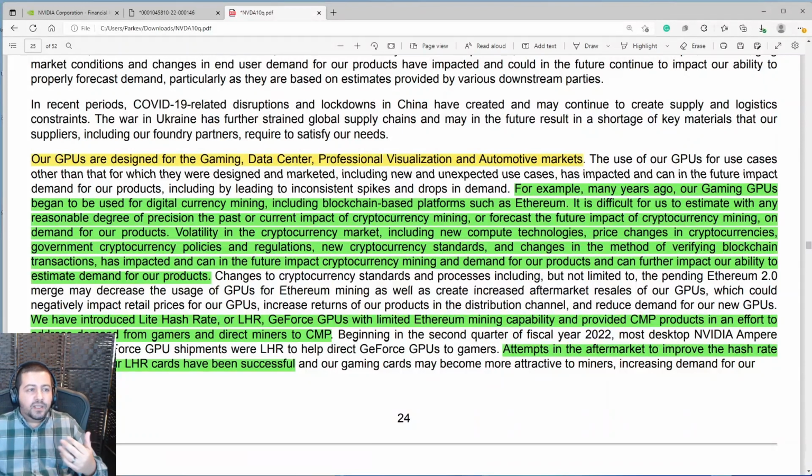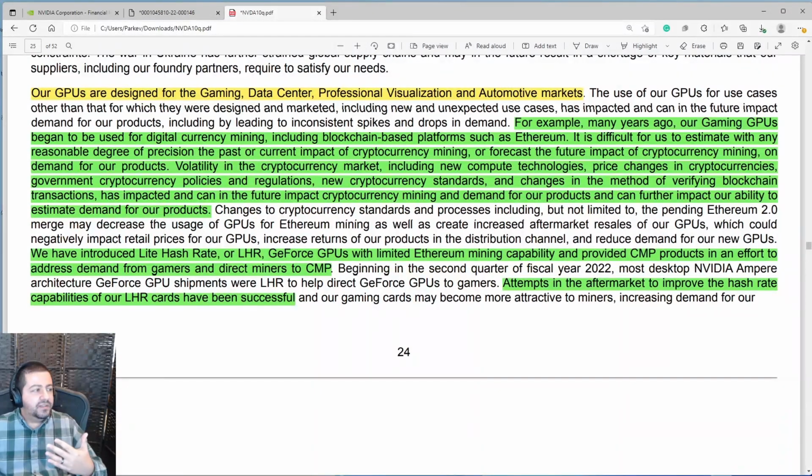But Nvidia goes on to say here that they can't predict how much of the demand for its GPUs is caused by miners of cryptocurrencies. So they don't know how much of their products are being sold to cryptocurrency miners, and they don't know how much is being sold to gamers using it for gaming. That's difficult for them to predict.